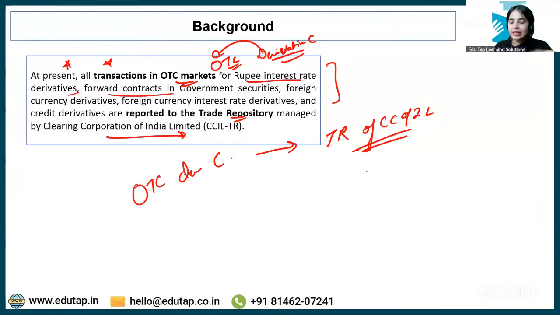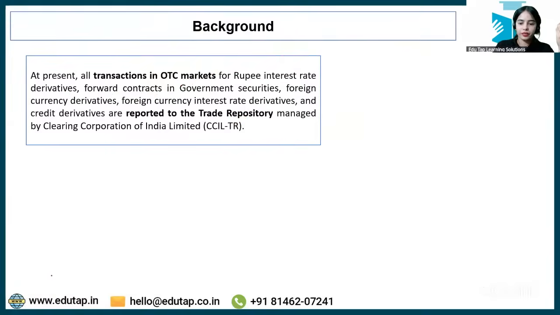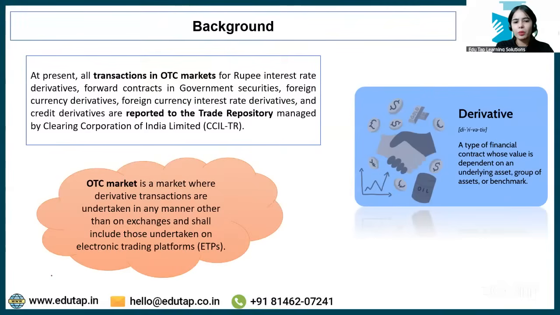But now, to be very clear about the transactions that are happening, UTI is mandated: for each over the counter derivative contract, each transaction that is happening, there should be a UTI, unique transaction identifier. Okay. So we know about the OTC market.